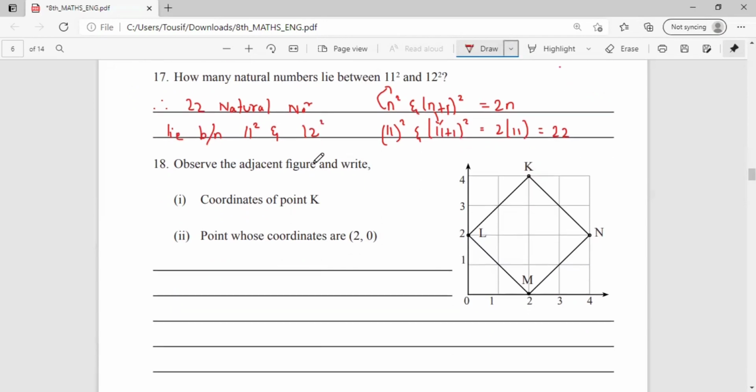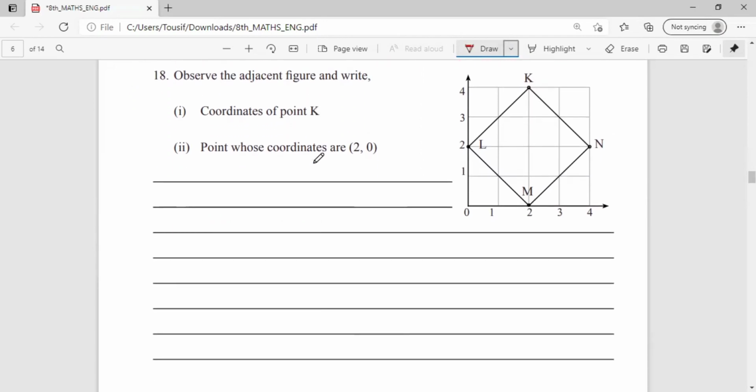Let us move towards the next question. Observe the adjacent figure and write the coordinates of point K. Coordinates means we need to find out the values of x and y. As you can see, this horizontal axis represents our x-axis and this represents our y-axis. The point K is marked over here. To find the x value, move downward on the same line.